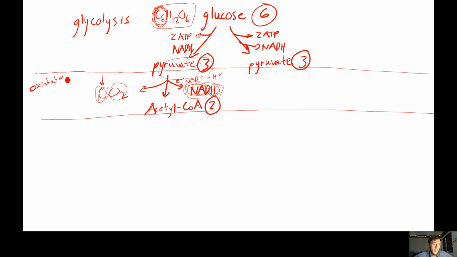I think I said phosphorylation earlier, mistakenly. Oxidation of pyruvate. Because pyruvate was oxidized, it lost an electron, and NADH was reduced. Or NAD+ and H+ were reduced to make NADH. Okay, so now our acetyl-CoA is entering the citric acid cycle.